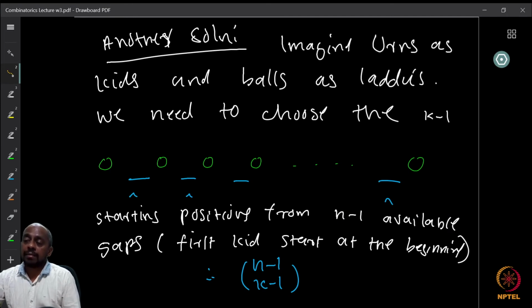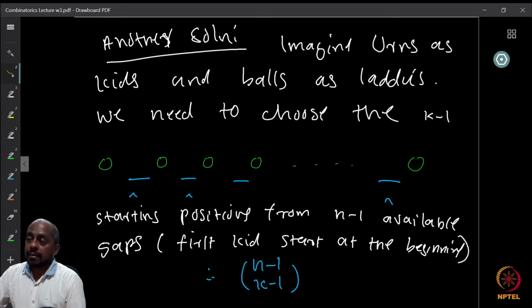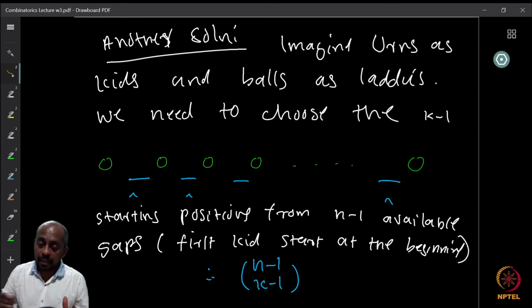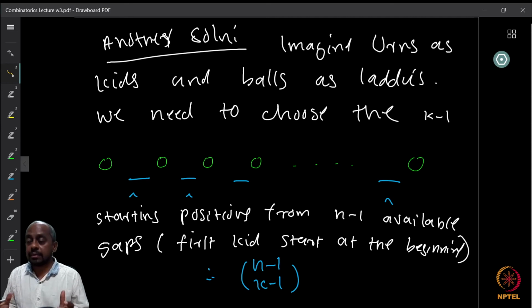So another way to look at the same is, once you see that it is n minus 1 choose k minus 1, we get this idea. Imagine you have these urns, all the boxes. The urns are kids, okay, and the balls are ledus.